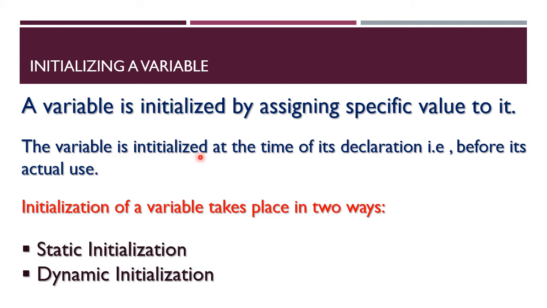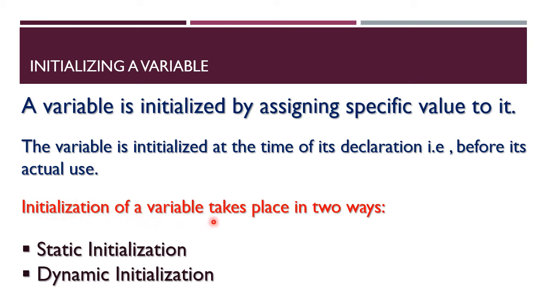The variable is initialized at the time of its declaration, that is before its actual use. Whenever you declare a variable, you can initialize some value to it at the time of declaration itself, or before using that variable in your program.